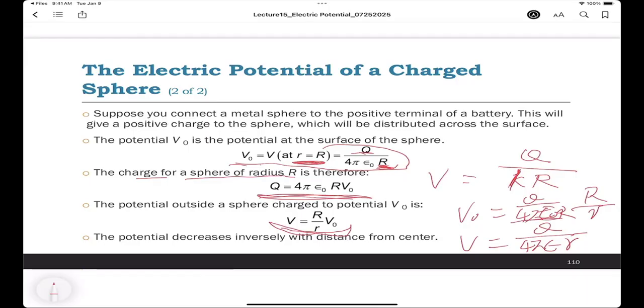This is V0, which means V equals V0 R divided by r. Does that make sense to you? You can use this equation to get this one. The potential decreases inversely with distance from center.